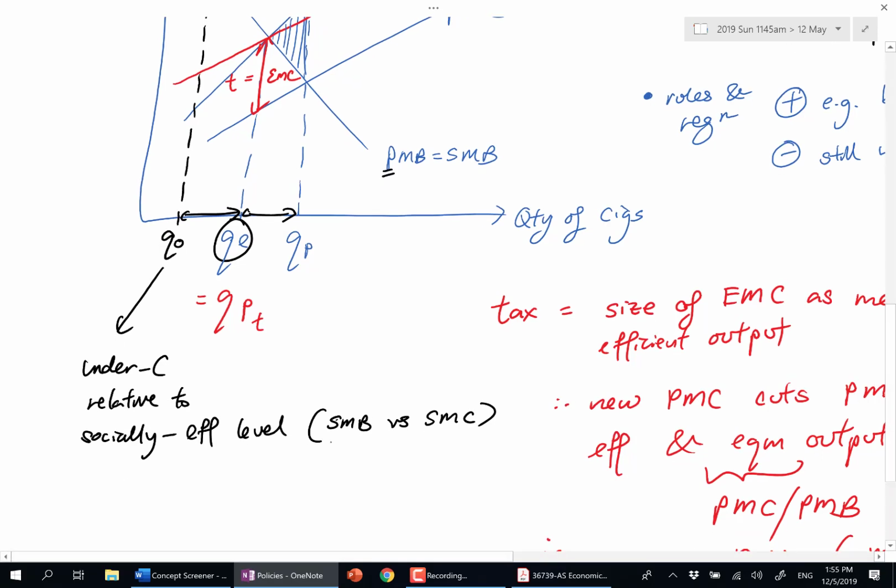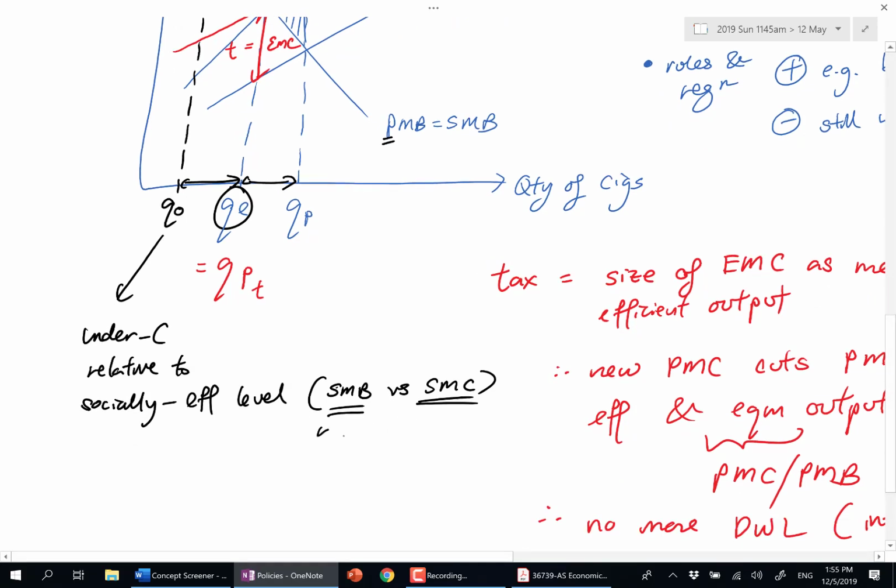Socially efficient is a measure of SMB and SMC. SMB in this case is PMB, correct? In the case of smoking, what is PMB? Satisfaction from smoking, right? So when we say underconsumption, it means we are not really respecting the benefits that the smokers get. If the smokers feel happy when they smoke, it's still part of social benefit. We cannot exclude it altogether. So underconsumption can occur. You're not giving them that benefit.